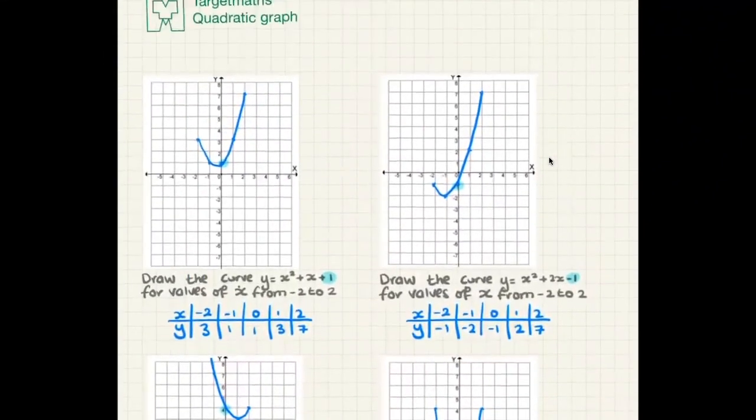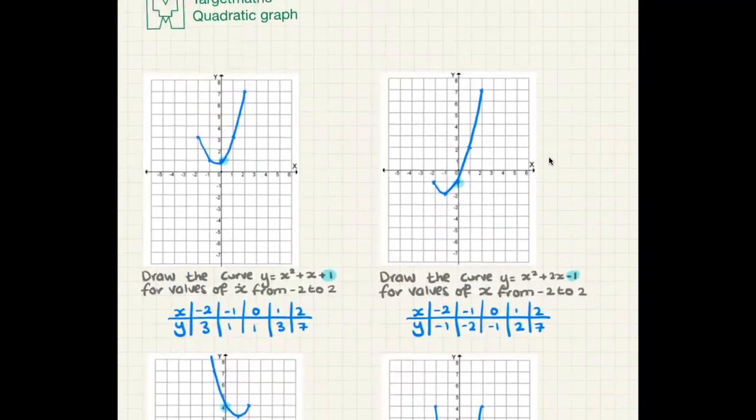So taking a look at the first two, hopefully they've gone well. We had a dip situation on the very first one, didn't we? Where we had these two ones. So you had to just come in a little bit lower. But look, the end of this equation has +1 and it crosses at +1.